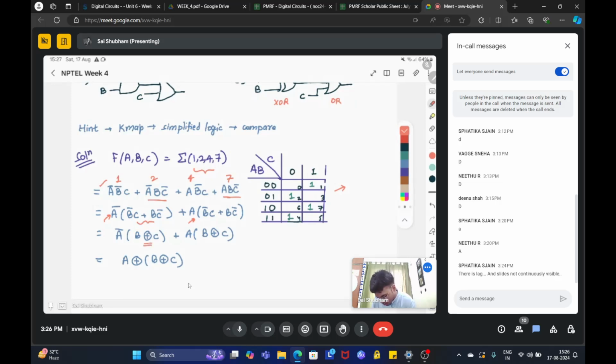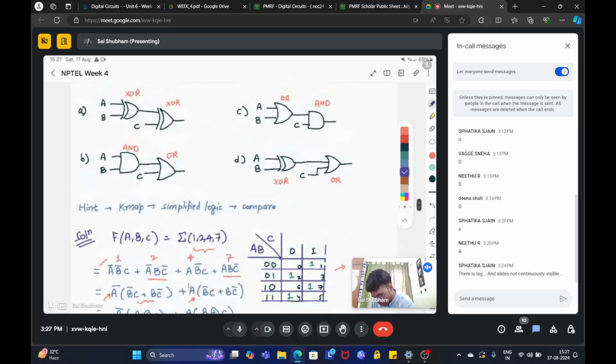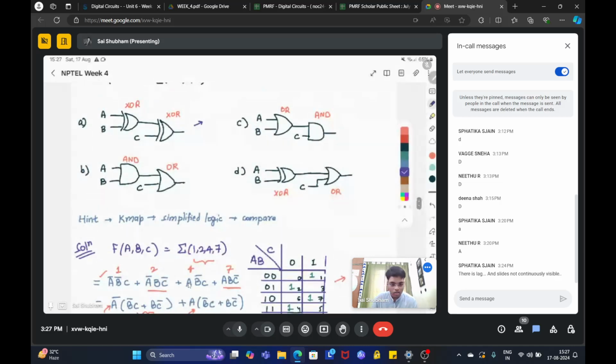Fine. So as you can see, this term repeats again, and this is A and A bar. So this is again a XOR operation. If I have B XOR C, this is basically B C bar plus B bar C. Okay. So in that we get this. So this means that all the three signals are XORed. So only in option A, all three signals are XORed. So I hope this is clear to everyone.